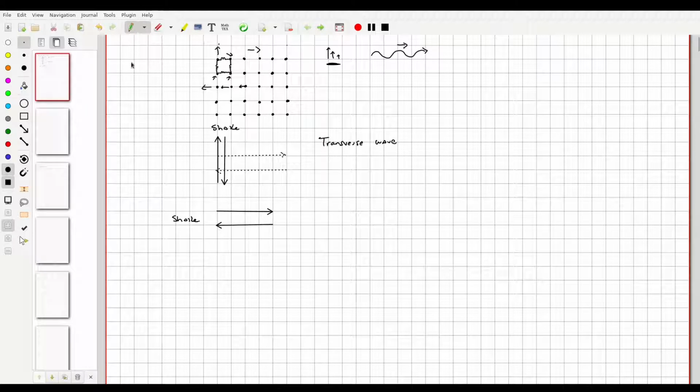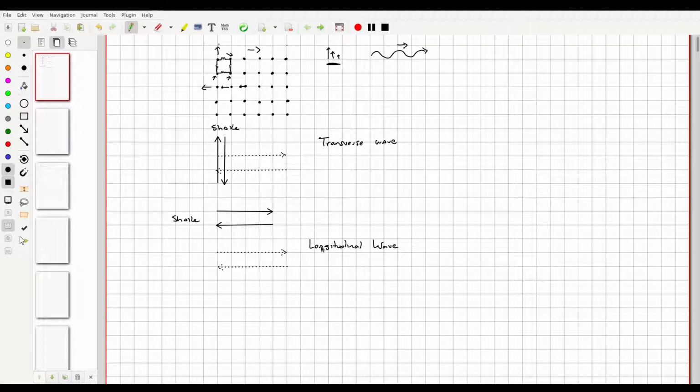And your wave also transfers this way as well. Now this type of wave right here is called a longitudinal wave. Okay.